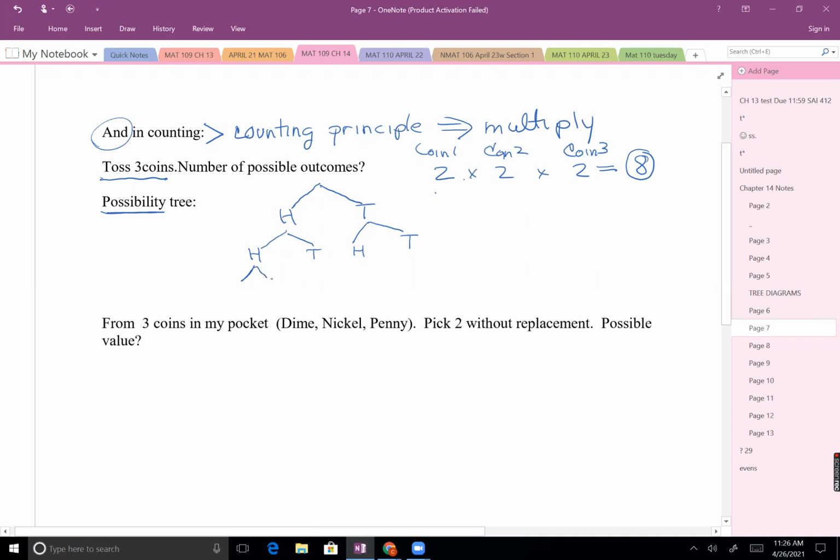Better now? Well, I just looked at it as like 2 times 3. No, it's 2 for each. First coin has 2 outcomes, second coin has 2 outcomes, third coin has 2 outcomes. Okay, it's coin 1 and coin 2 and coin 3.